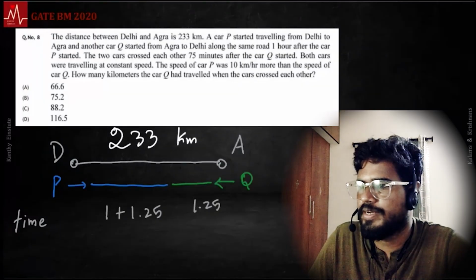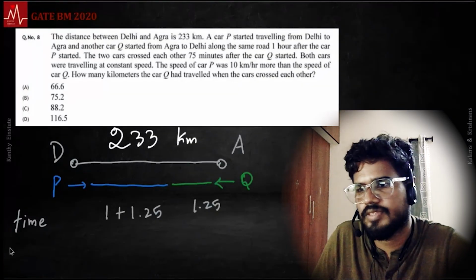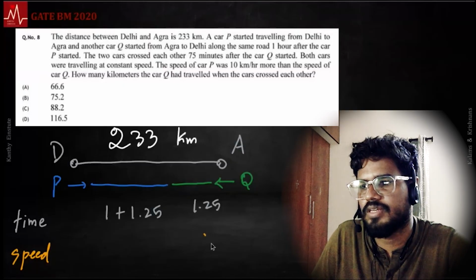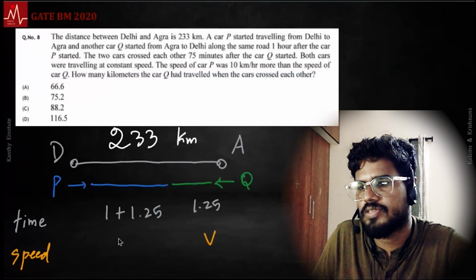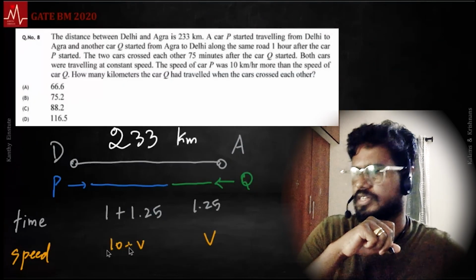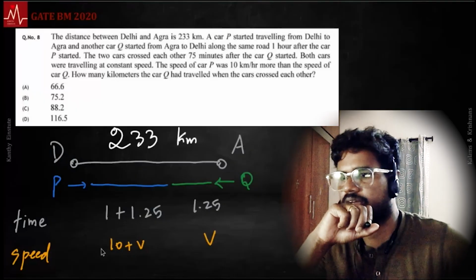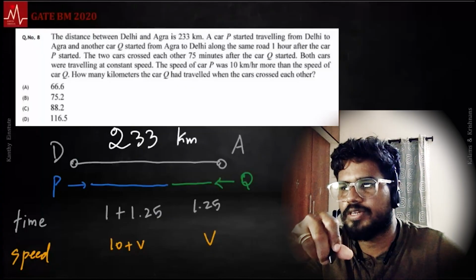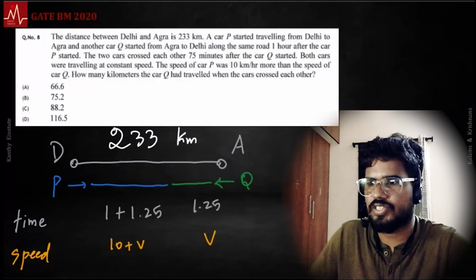Distance, speed, time. Speed: car P is 10 kilometers per hour more than the speed of car Q. Let the speed of car Q be V. Then car P is 10 plus V. How many kilometers has car Q traveled when they cross each other?